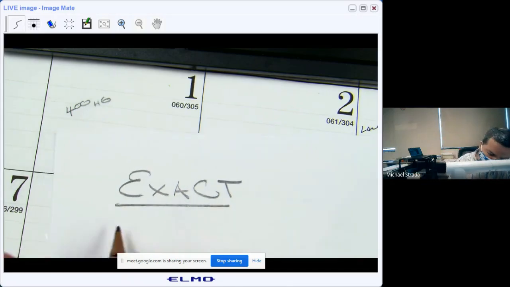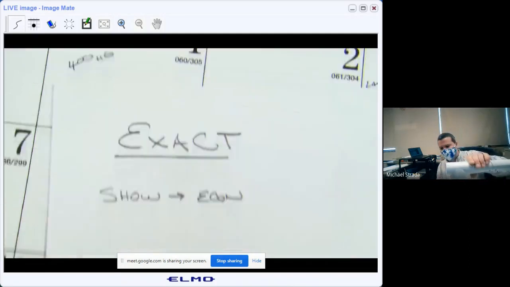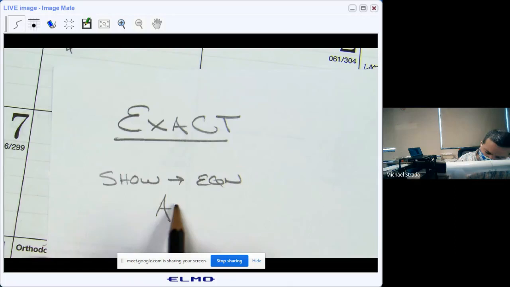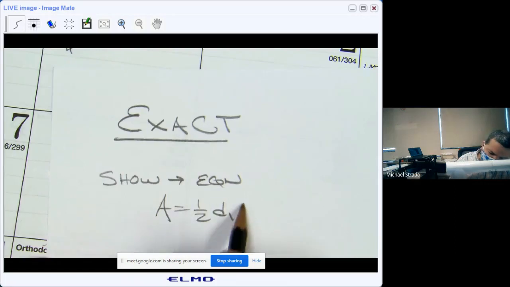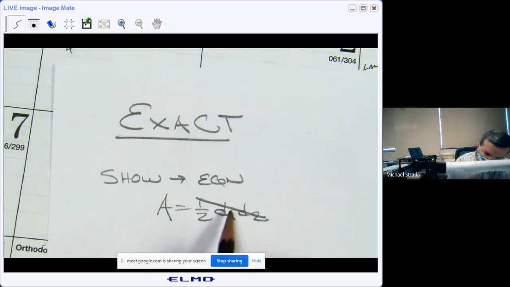Now, number 2. When it says to show work in Edge Elastic, show what equation you plugged in for. Show the value you plugged in for. What I do not want is area equals 1/2 D1 D2. That is not what I want. I want the actual values you plugged in. For you guys, it's not as important because you'll be here and I'll be able to explain this to you. But for the people at home, I do not want that.